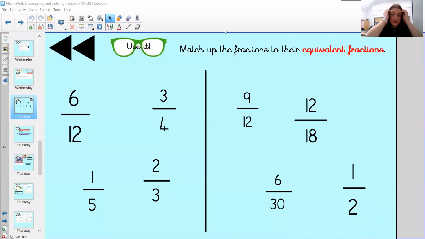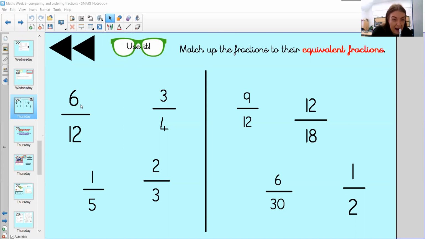Brilliant. So hopefully you have had a little go at those. So let's have a little look then. Here I've got 6/12. I'm going to have a look at what has happened to 6/12.